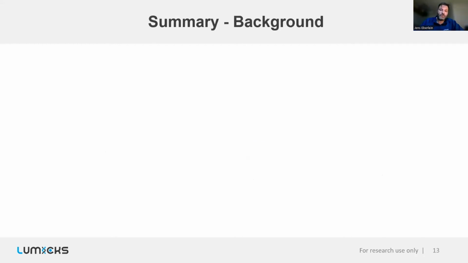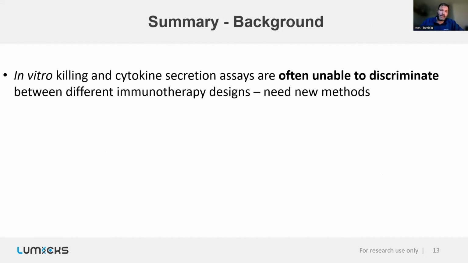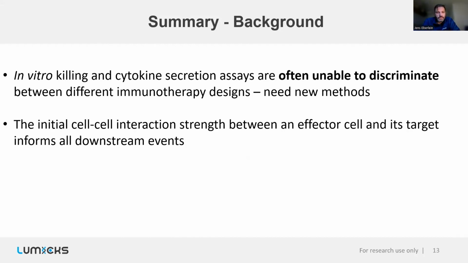Okay. So I just wanted to give a little background on the technology itself before moving on and showing you some actual data that was generated with our technology. As we discussed, in vitro killing and cytokine secretion assays are often unable to discriminate between different immunotherapy designs, and there's an urgent need for new methods, right?